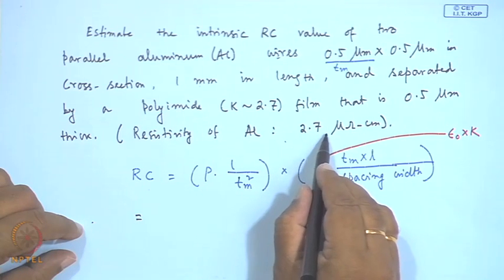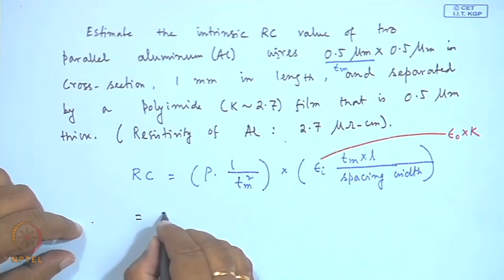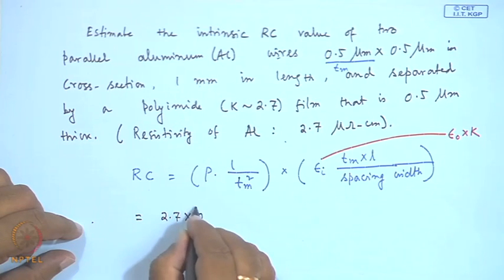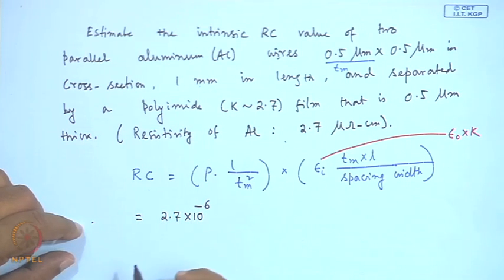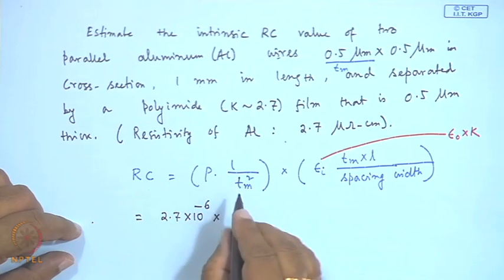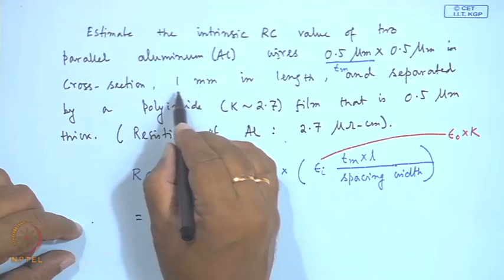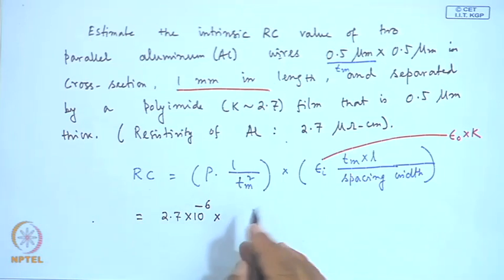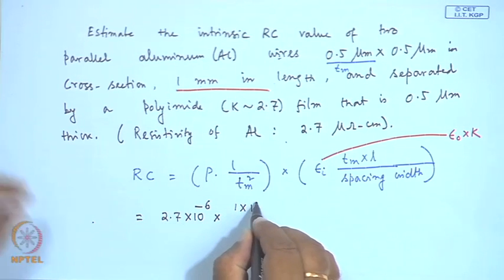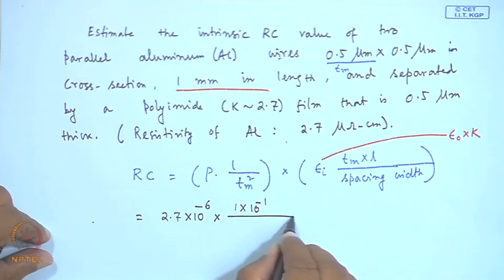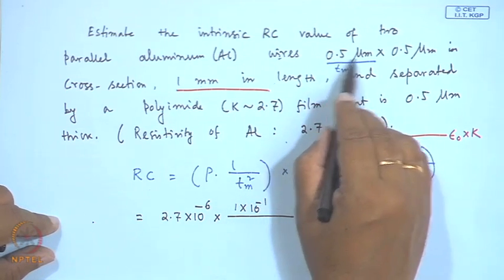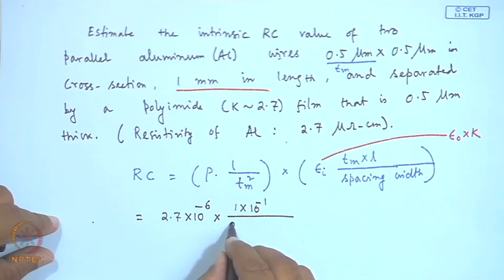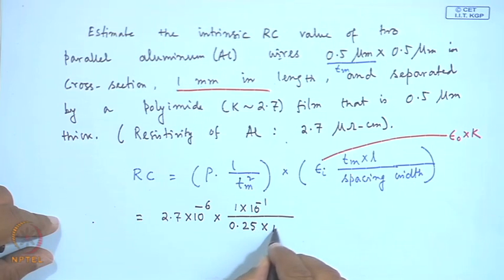Okay. So, now with this relation let us solve this problem, and what is the value of rho? Rho is given by 2.7 micro ohm centimeter. So, it is 2.7 into 10 to the power minus 6 ohm centimeter, multiplied by L. L is 1 millimeter, so it will be 1 into 10 to the power minus 1 centimeter, divided by Tm square, 0.5 micron by 0.5 micron, that means 0.25 micron square, multiplied by 10 to the power minus 8 to arrive at centimeter squared.